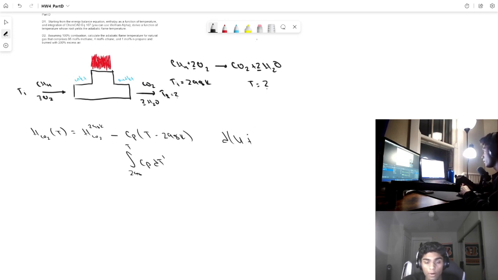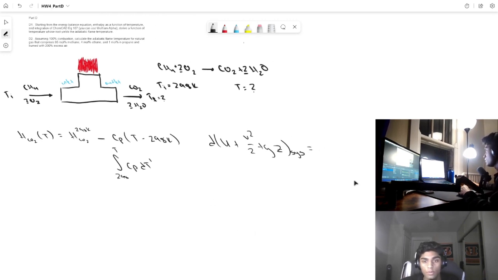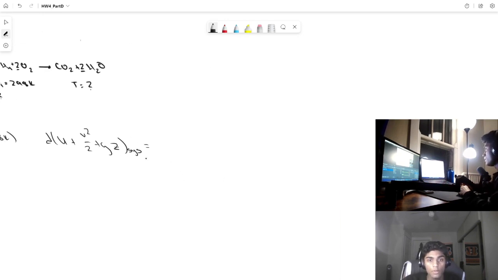So we have our kinetic energy, our gravitational potential energy of the system, and it's going to be equal to the enthalpy in plus the kinetic energy in plus the gravitational potential energy in, all multiplied by a differential amount of mass coming in. And it's going to be the same thing out.